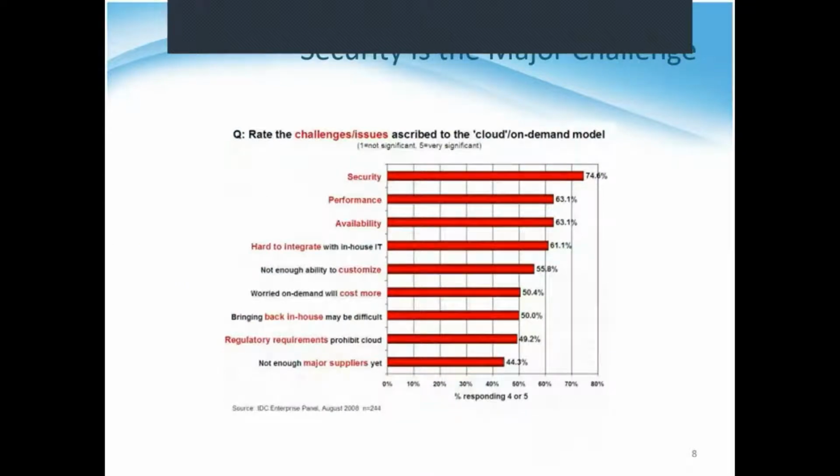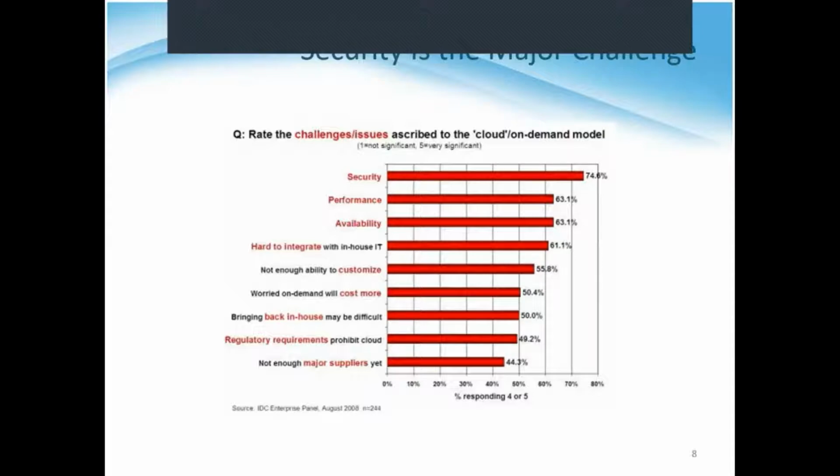So what are the challenges? The challenges we have been facing for the past 10 to 15 years because of using this cloud. You can see here the red line, security 74.6. So security is one of the major, top priority challenges.